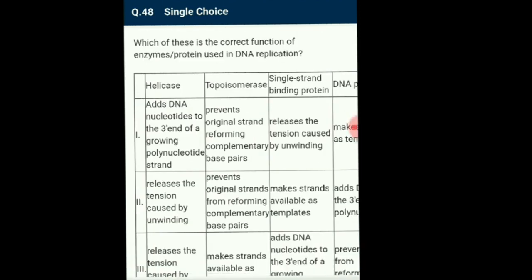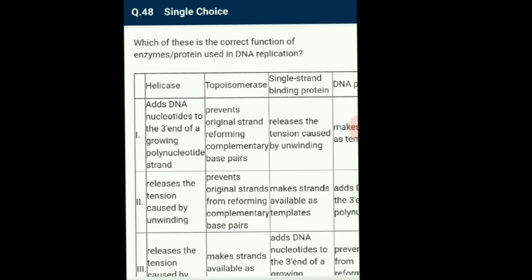Question number 48. Which of these is the correct function of enzymes or proteins used in DNA replication? Here there are four options. DNA is made by enzymes called DNA polymerases. DNA replication requires other enzymes including DNA primase, DNA helicase, DNA ligase and topoisomerase.